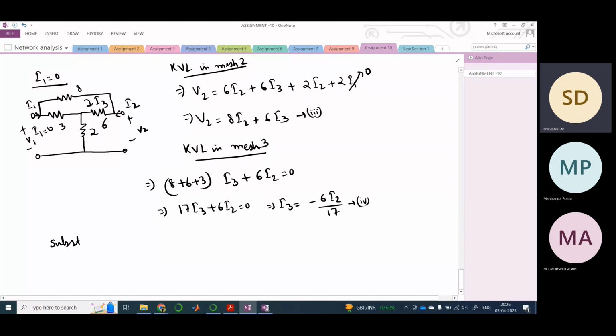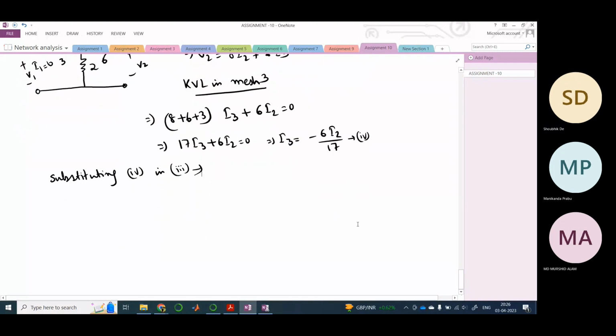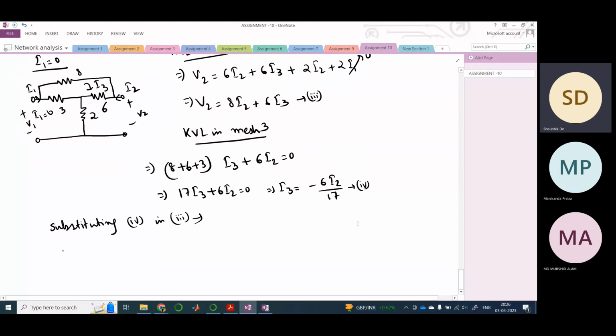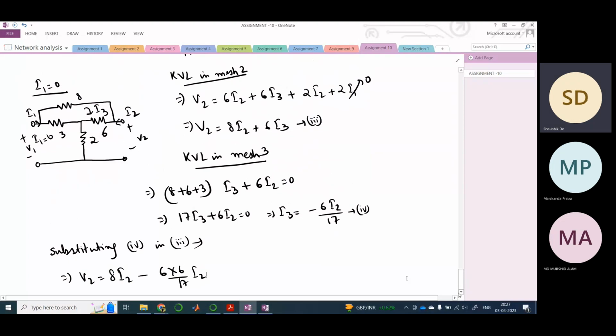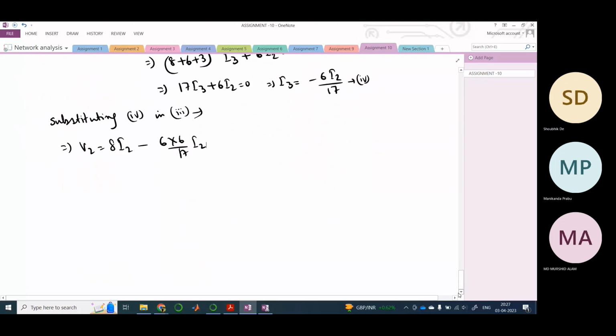So substituting 4 in 3, this would be how much? V2 equals 8I2 minus 6 into 6 by 17, so V2 is (8 into 17 minus 36) by 17 I2.